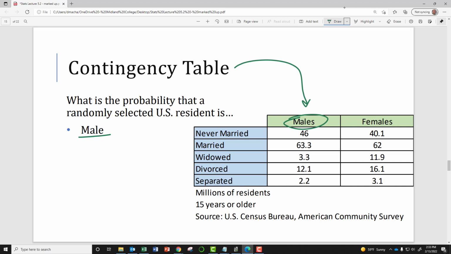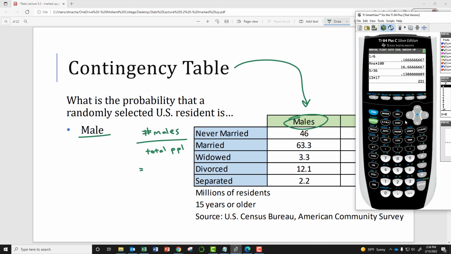And if I want to know the probability that a randomly selected U.S. resident is male, I would need to do the number of ways that you could randomly select a male, which is just the number of males, divided by the total number of possible outcomes, which is the total number of people, male and female. So let me get out a calculator and we can put this together really quick.